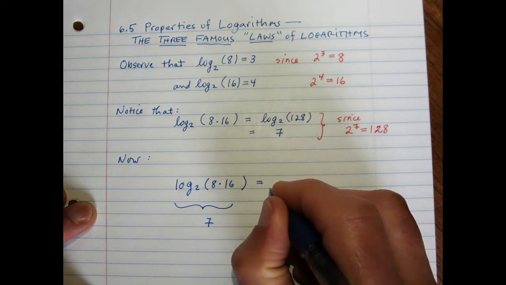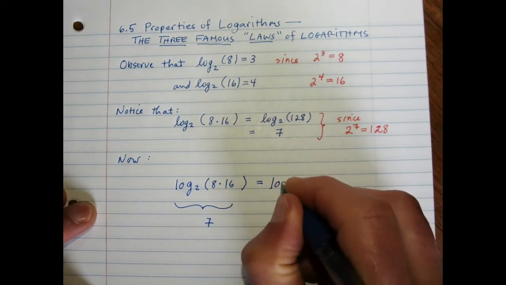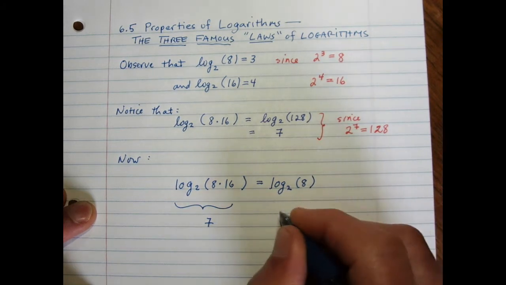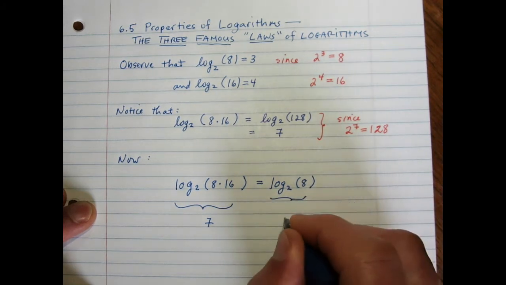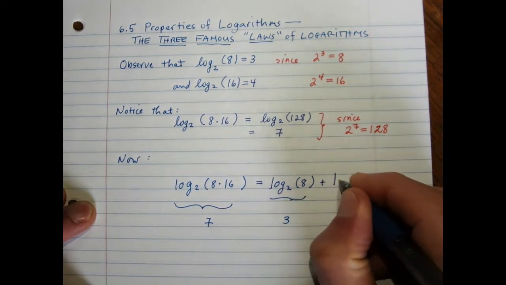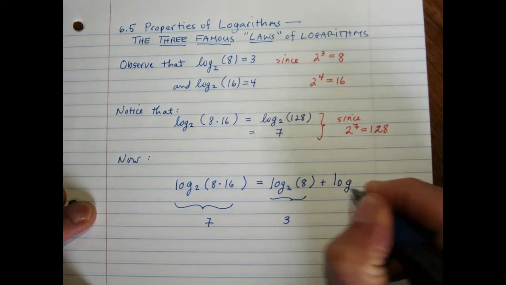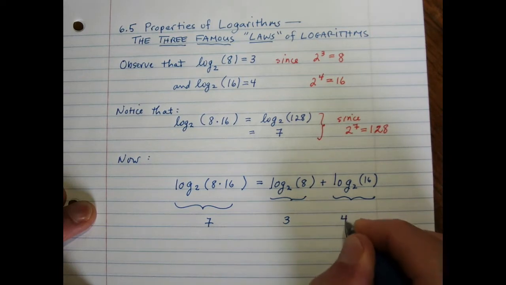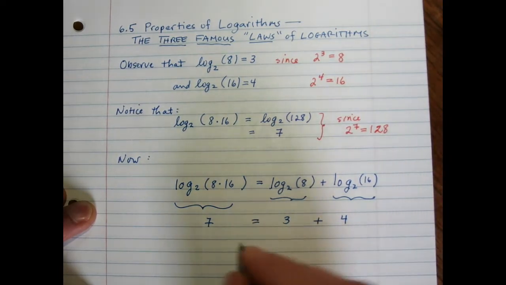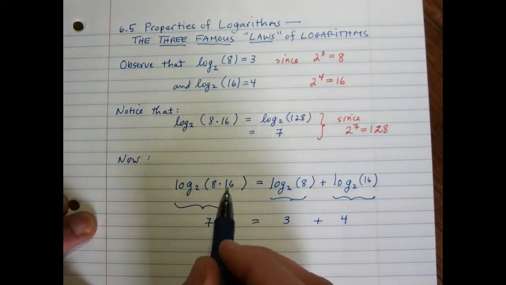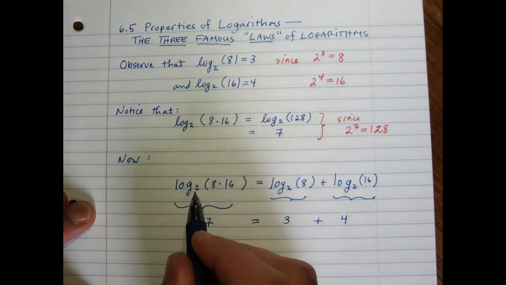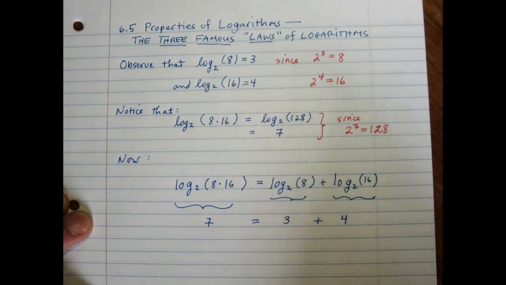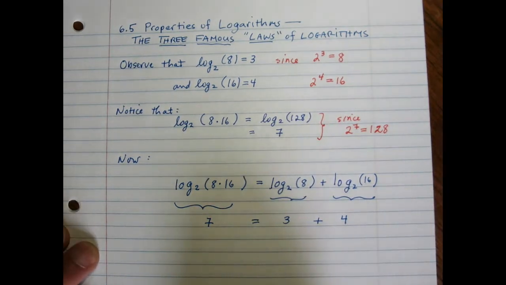That's equal to log base 2 of 8, which was equal to 3, plus log base 2 of 16, which is equal to 4. 7 is equal to 3 plus 4, so log base 2 of 8 times 16 is equal to log base 2 of 8 plus log base 2 of 16.